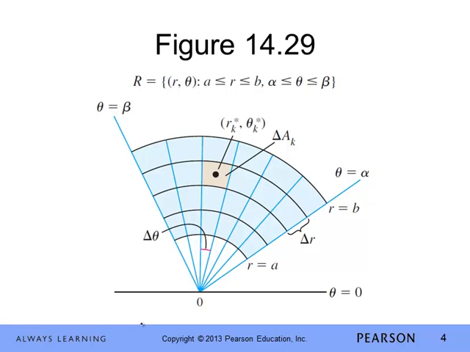So now what you're thinking about is finding the area of the big sector here minus the area of the smaller sector. And the result is the area of that yellow thing right there. Does that make sense?